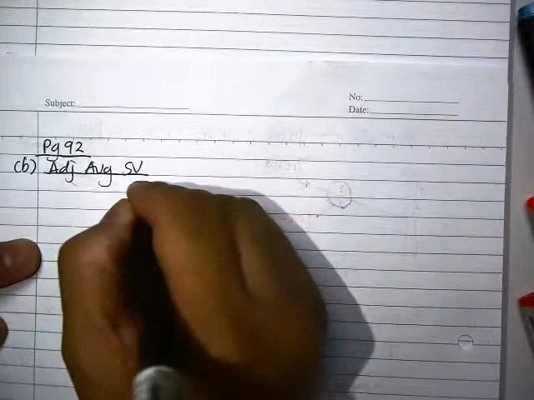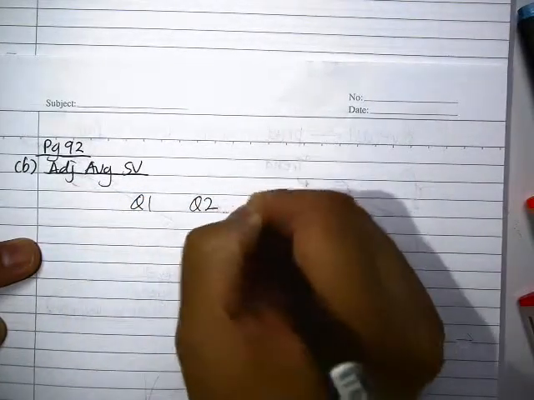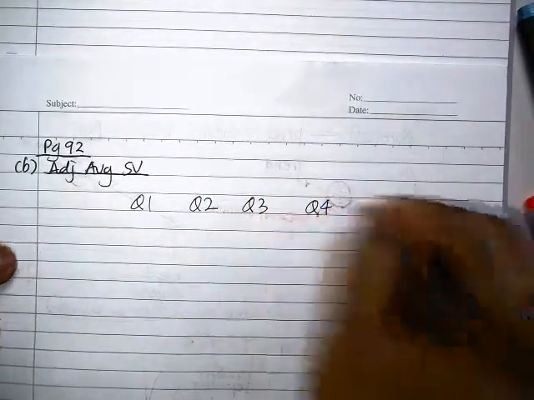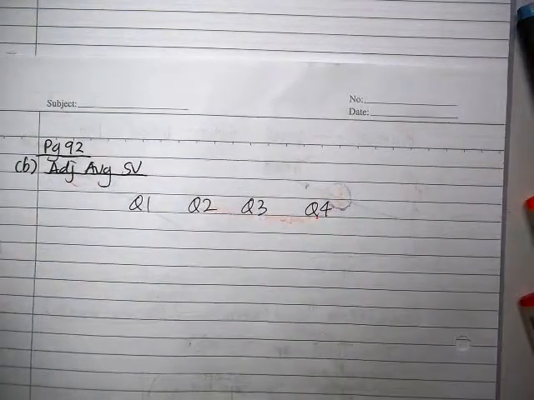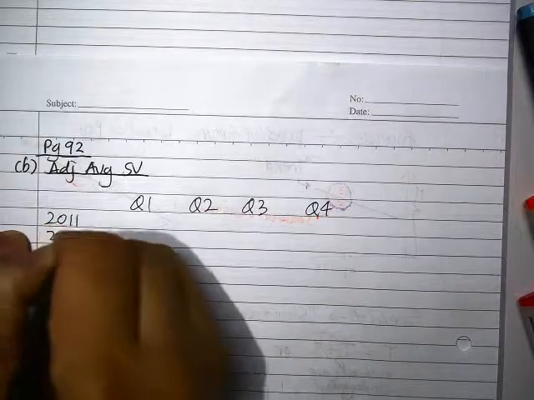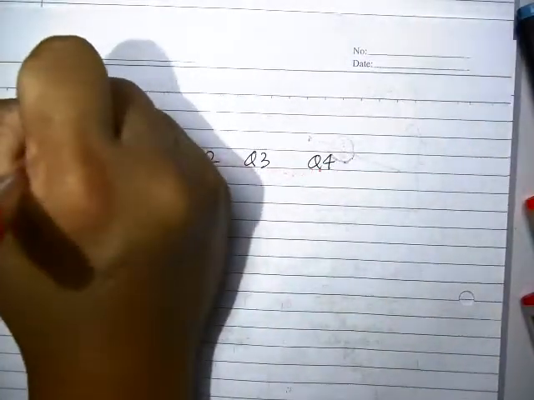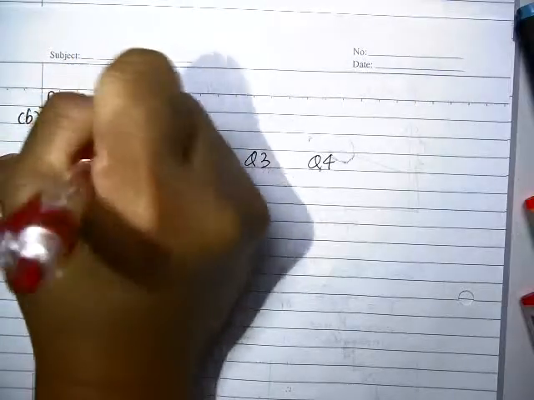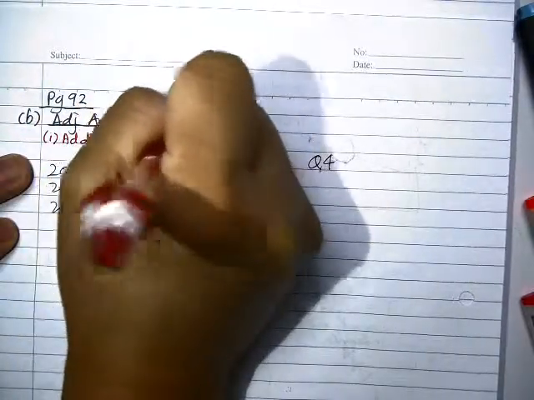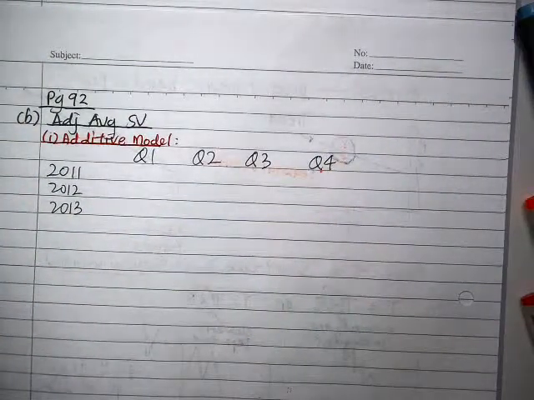Okay. We have quarter 1, 2, 3, and 4, under the additive model.